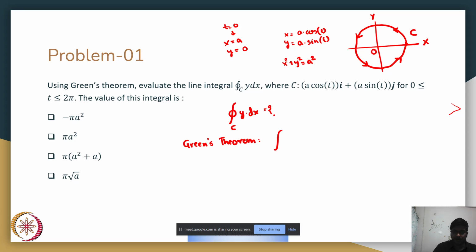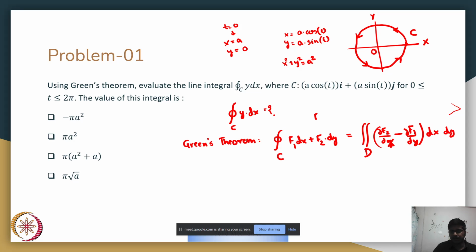So you essentially have the circular integral over C of f1 dx plus f2 dy. This is equal to the double integral of dou f2 by dou x minus dou f1 by dou y, dx dy.